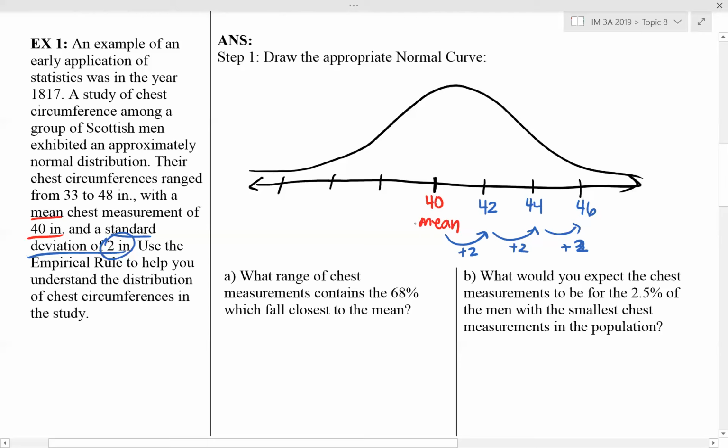Then we do the same thing on the other side, except instead of adding, we subtract the 2. So 40 minus 2 is 38, 38 minus 2 is 36, and 36 minus 2 is 34. So this is the normal distribution.